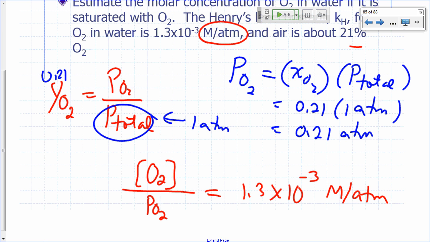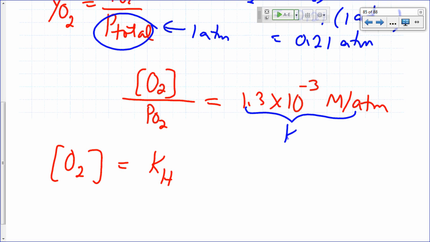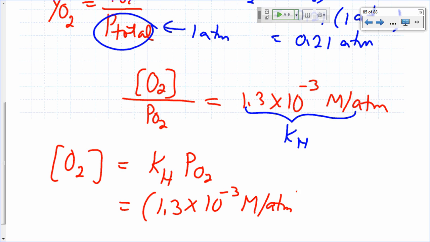So can I solve for the concentration of O2 now? Concentration of O2 is equal to K sub H times the partial pressure of O2. So that's 1.3 times 10 to the negative 3 moles per liter per atmosphere times the partial pressure of O2, which is 0.21 atmosphere.